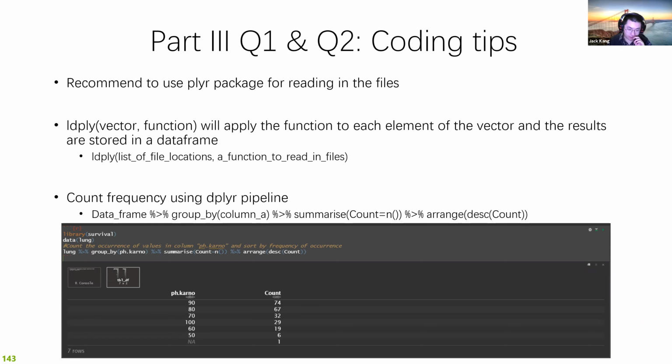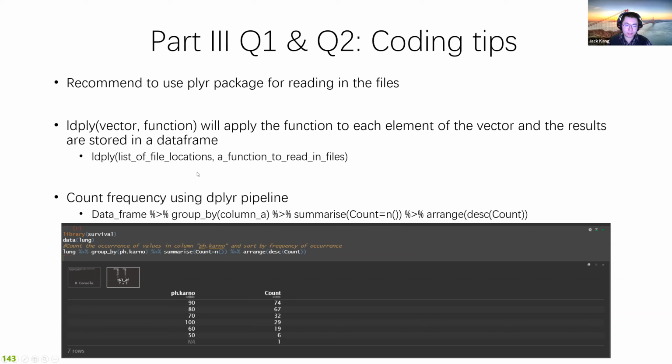And to count frequency, I recommend using the dplyr pipeline. So you can give it a data frame and then use this symbol, which means the output of whatever command here is used as the input for the next command. In this way, it saves you a lot of intermediate variables.